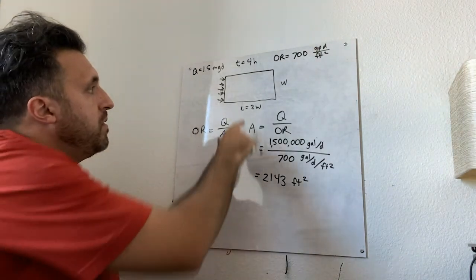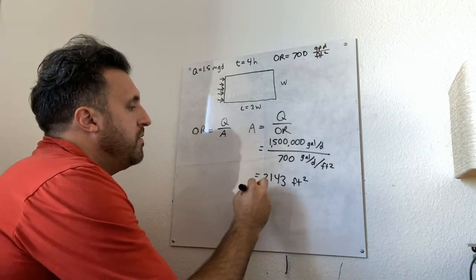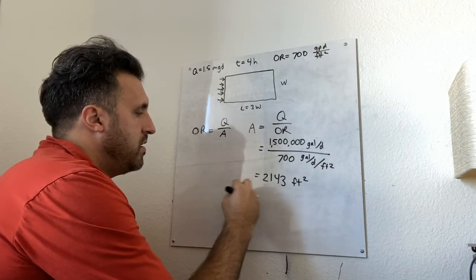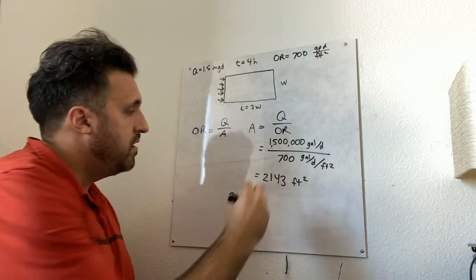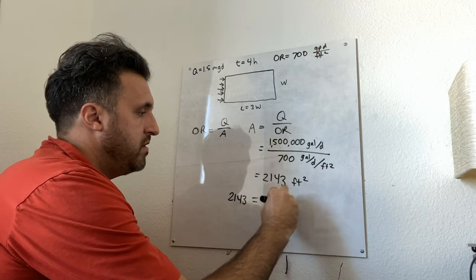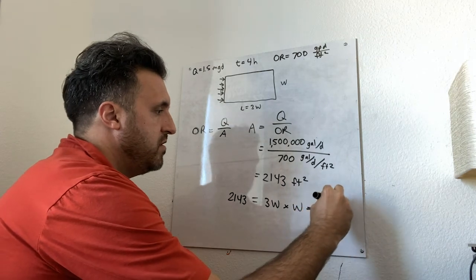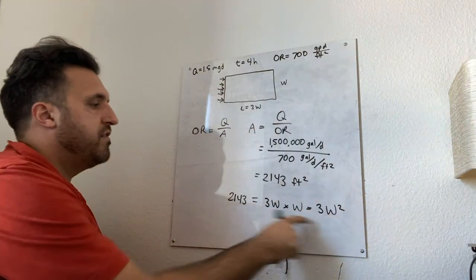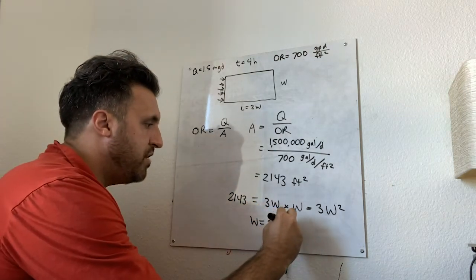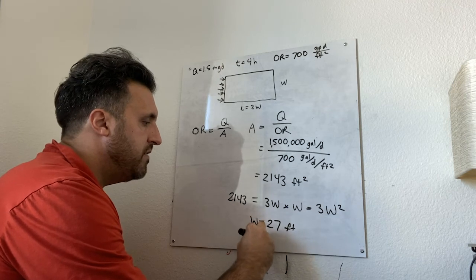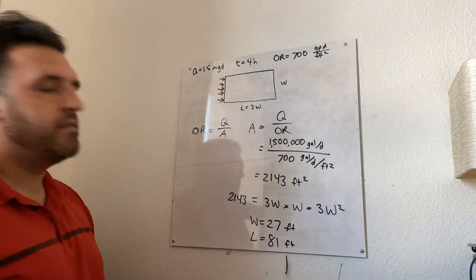All right, so based on our desired length to width ratio, 3 to 1, we can set this equal to length 3W times width W, or 3W squared. If we solve for the width, we get a value of W equals 27 feet approximately, which would give us a length of approximately 81 feet to use for the design.